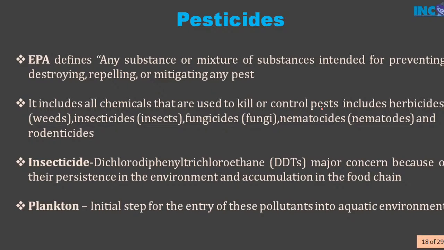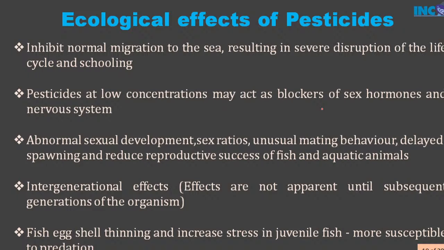Plankton are an important source for the entry of these pollutants into the aquatic environment. Zooplankton depend on phytoplankton, so the pollutants accumulate in the zooplankton body and then gradually transfer to the food chain. These are the ecological effects of pesticides.